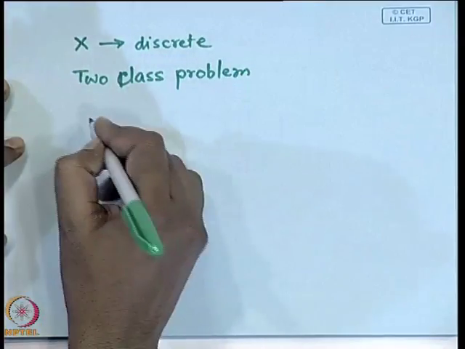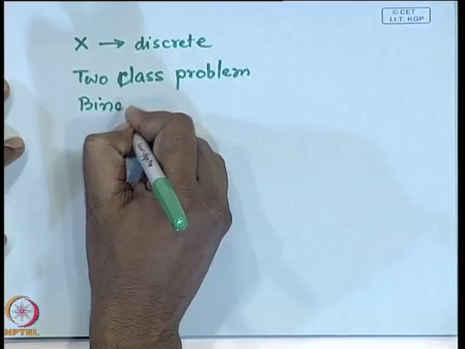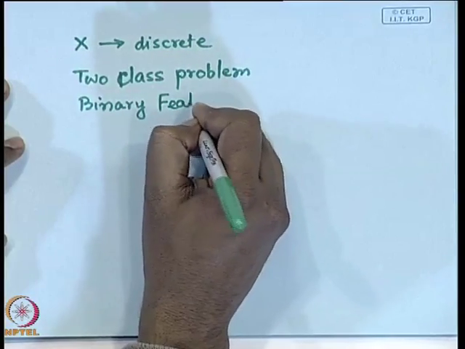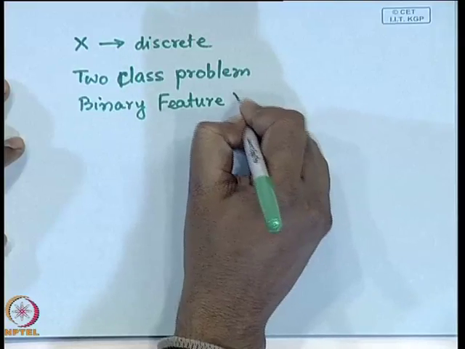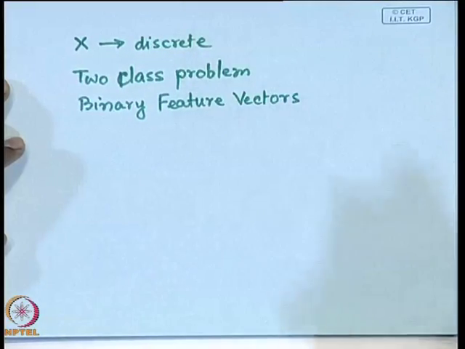And the feature vectors we will assume to be binary feature vectors. Binary feature vector means every component of the feature vector will assume a binary value, either 0 or 1.